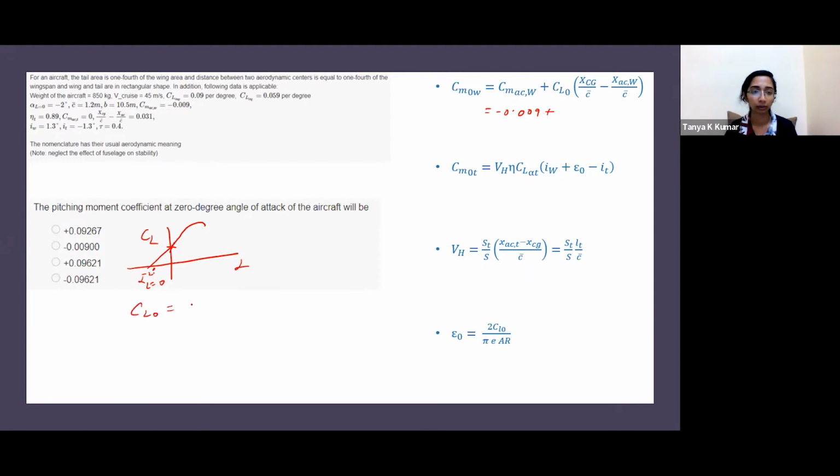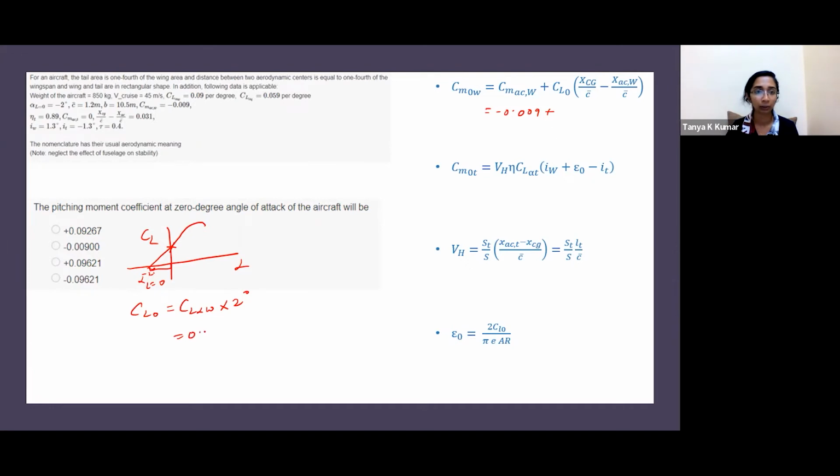CL naught is equal to, you have this value, and you have the slope. So it's just CL alpha wing into this angle, that's 2 degrees. Since CL alpha wing is given in per degrees, you don't have to change it.